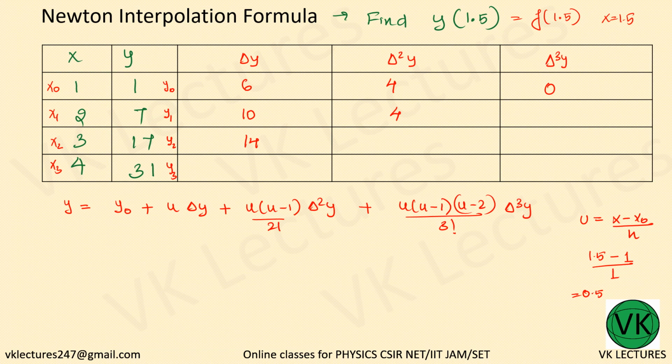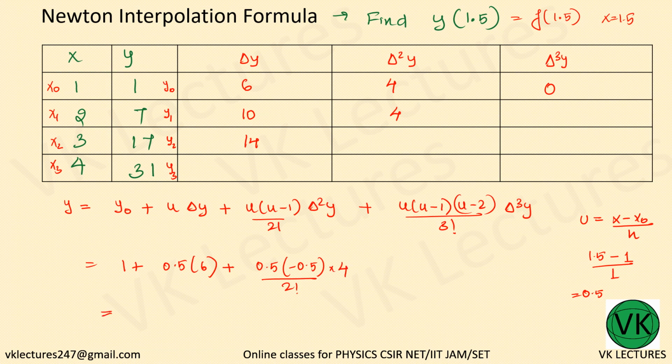So that's equal to y naught is 1 plus u, 0.5, times delta y. Delta y is the first term here, 6, plus u, 0.5, into u minus 1, minus 0.5, divided by 2 factorial into delta square y, again 4 here. Third term is 0, delta cube y.